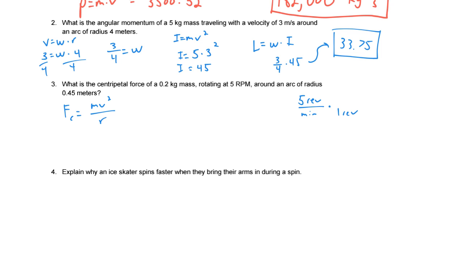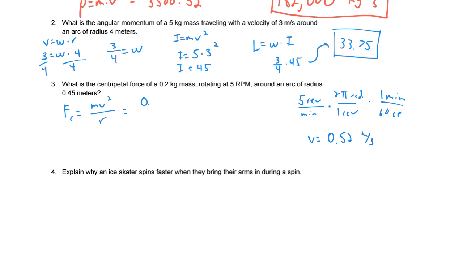So we know 1 rev is 2 pi rad, and 1 minute is 60 seconds. And so now 5 times 2 pi divided by 60. I know that my straight line velocity is going to be 0.52 meters per second.